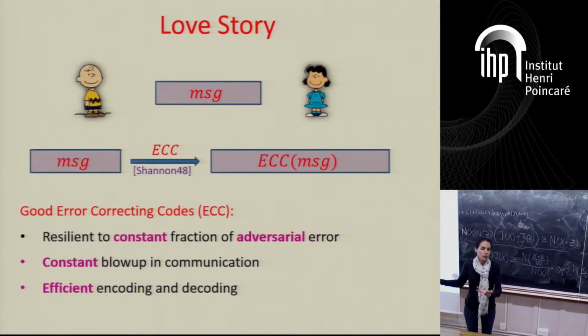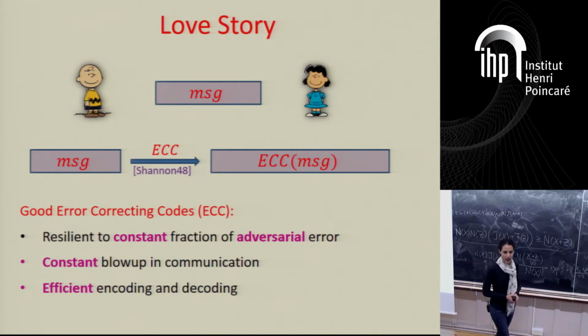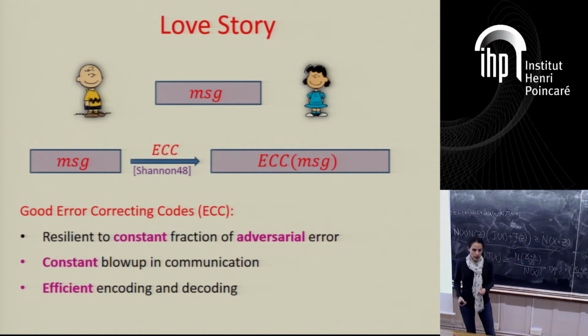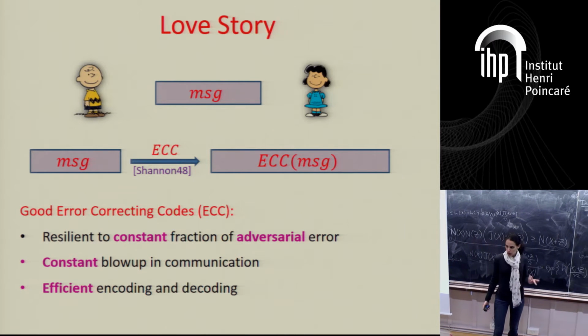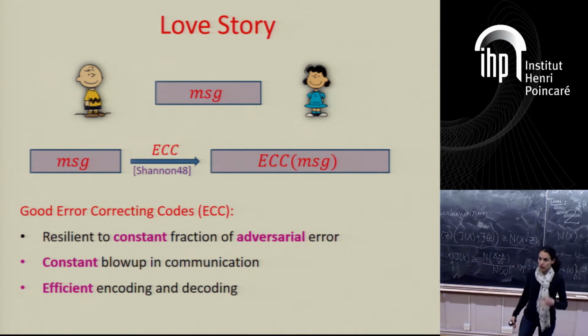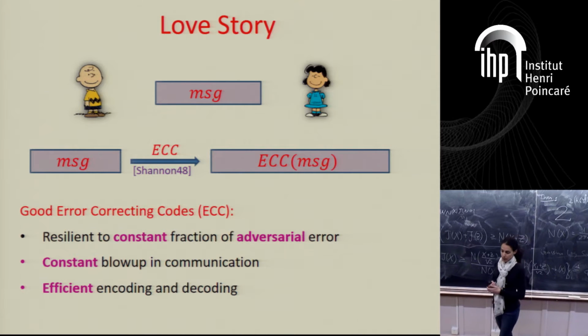What properties do we want from error correcting codes? There's tons of work in the literature on this topic, and there's this notion of a good error correcting code. First, we want it to be resilient to a constant fraction of adversarial error, so we want to be able to correct even if some 0.1 of the entire bits are flipped.